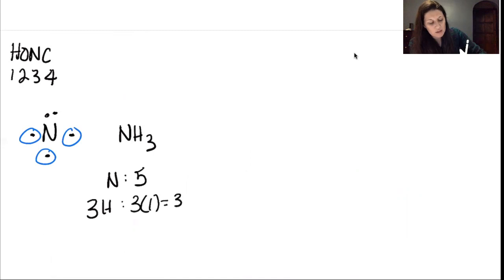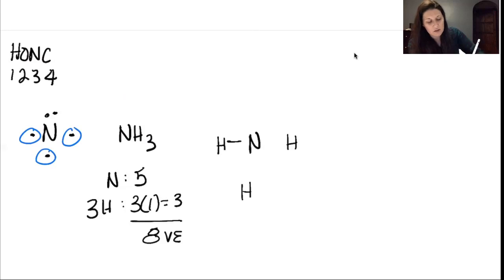So 5 plus 3, so I have 8 valence electrons total. Okay, so I'm going to put nitrogen in the center. I'm going to put my hydrogens west, south, and east. All right, single bond to everything towards the center. So that's using 1, 2, 3, 4, 5, 6.